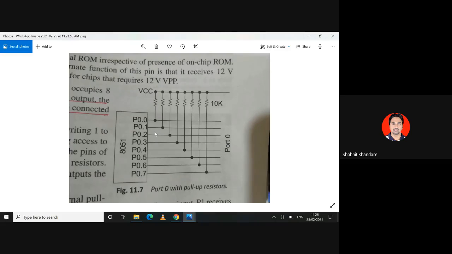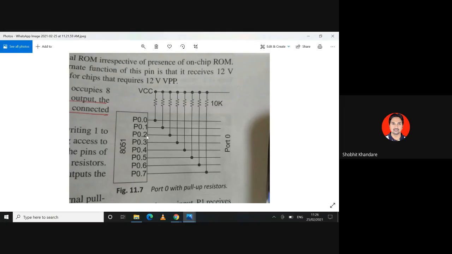So this is the only peculiarity about port 0. Port 1, port 2 and port 3 all have internal pull-up resistors. Internal pull-up resistance means we do not need to connect this circuit externally. That provision is provided inside the chip.